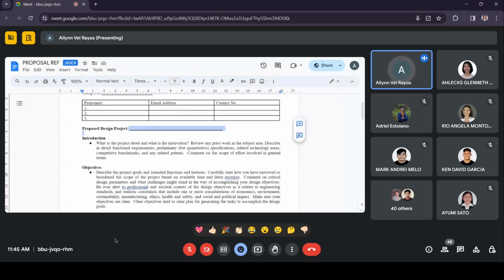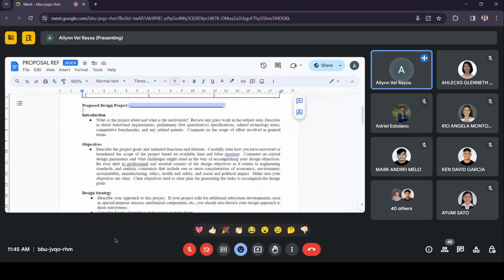So as part of the objective naman, describe the project goal and intended functions and features. You have to carefully state how you have narrowed or broadened the scope of the project based on available time and labor resource. So comment on critical design parameters and what challenges might stand in the way of accomplishing your design objectives.